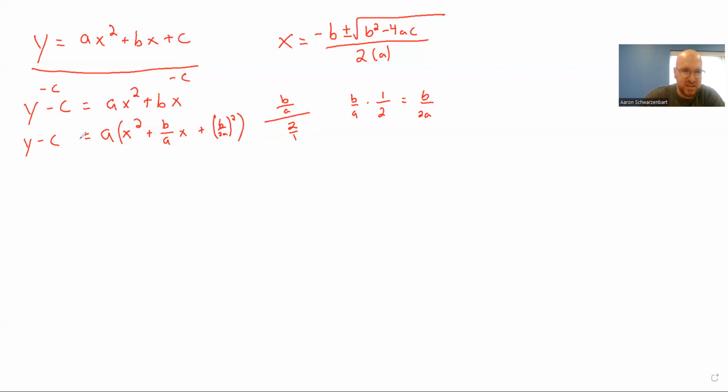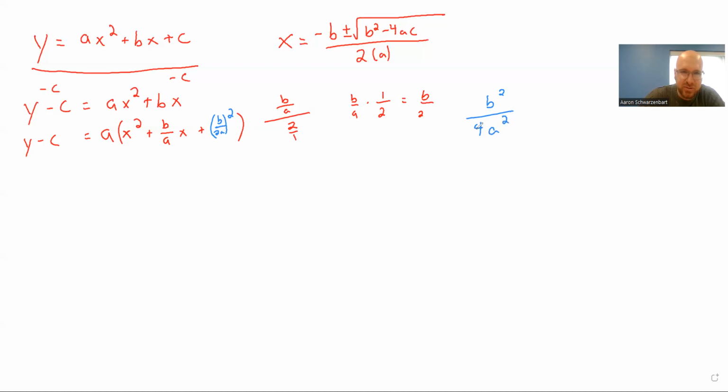Since I've added that to this side, I must add it to the other side too. Let's put my magic number in blue, b over 2a. So when I square that, I'm squaring all of these: b squared over 4a squared.